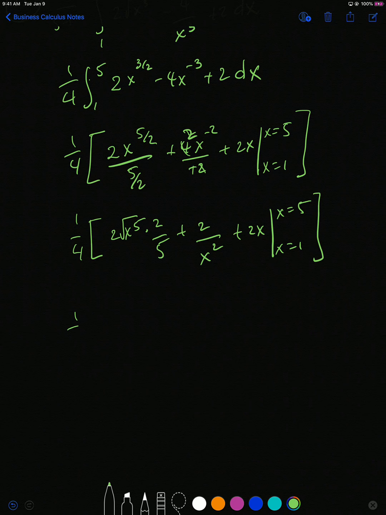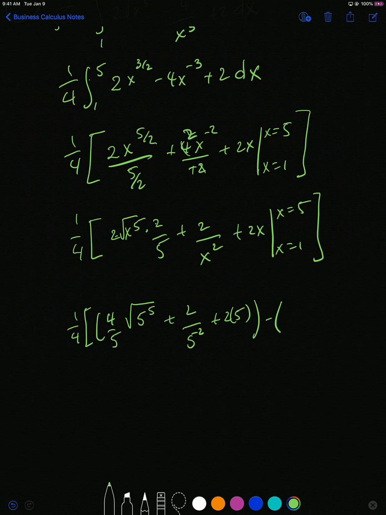That's going to be 1/4 times 2 times 2 is 4 over 5, the square root of 5 to the 5th power, plus 2 divided by 5 squared, plus 2 times 5, minus the whole thing again, but plugging in 1.